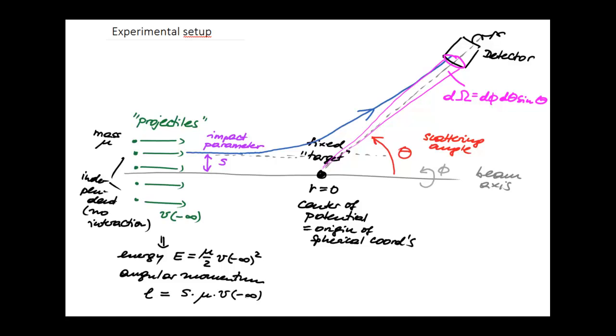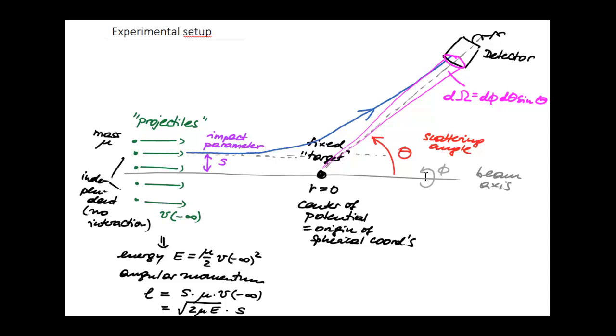This is evaluated far away from the target, but since angular momentum is a conserved quantity, it has the same value throughout the trajectory. We can also express that in terms of the energy: the square root of 2 times mass times energy, times impact parameter.